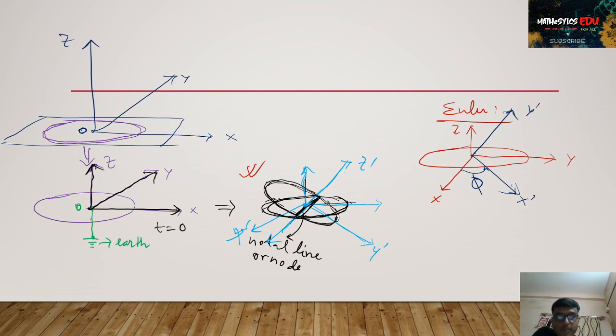Let me go back to this page. Our destination was to frame this plane first of all, and after framing this plane, our intention was to orient the x dash and the y dash axis orthogonally in this plane.